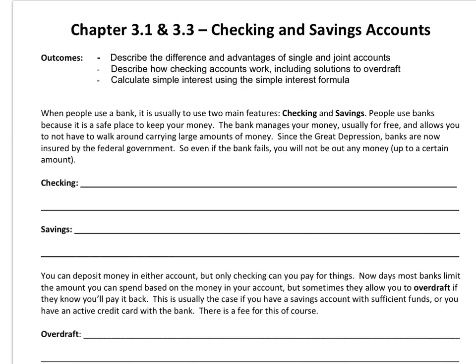So the big difference between checking and savings is checking is where you can spend your money. The money that is in your checking account is the money that you have available to spend. Whereas a savings account, you cannot spend from.